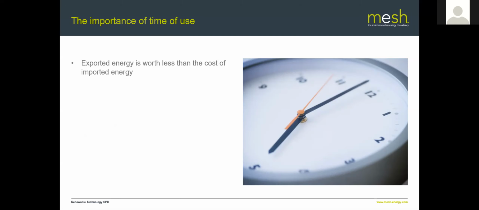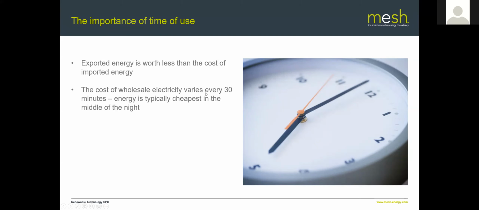So thinking about when we use our electricity is quite important when specifying a battery. It's also worth thinking about the fact that exported energy is worth less than imported energy. The same as with any market, if you sell something, you would expect to receive less money for it than if you buy it, because there's obviously a markup in there.